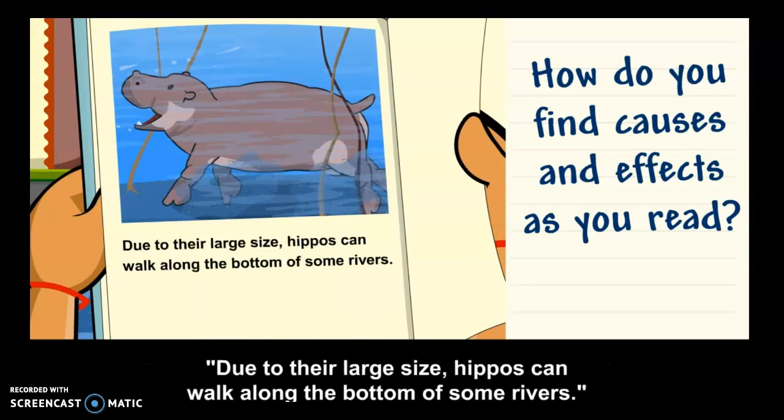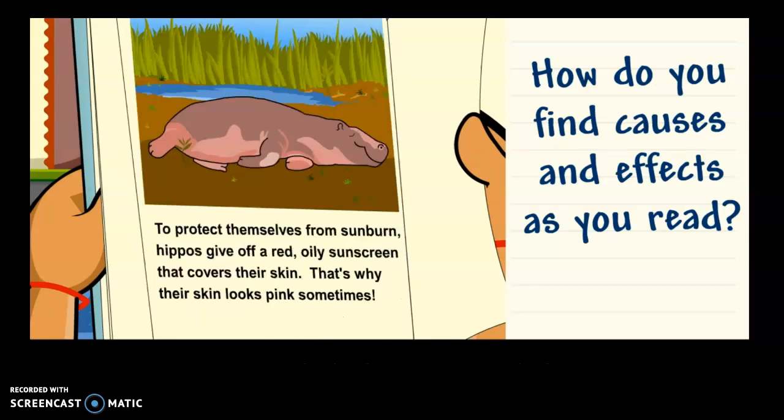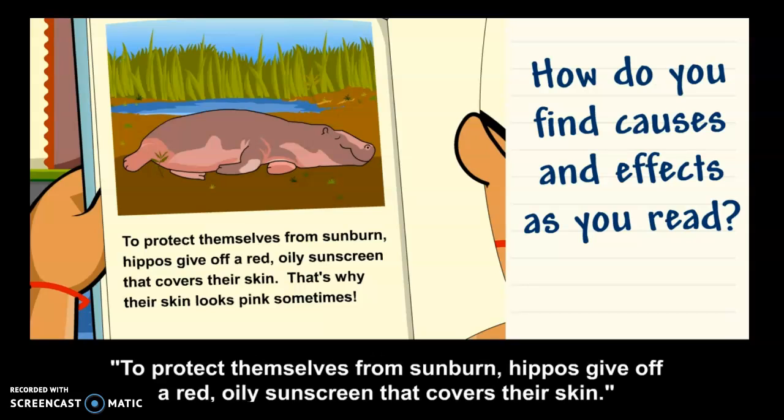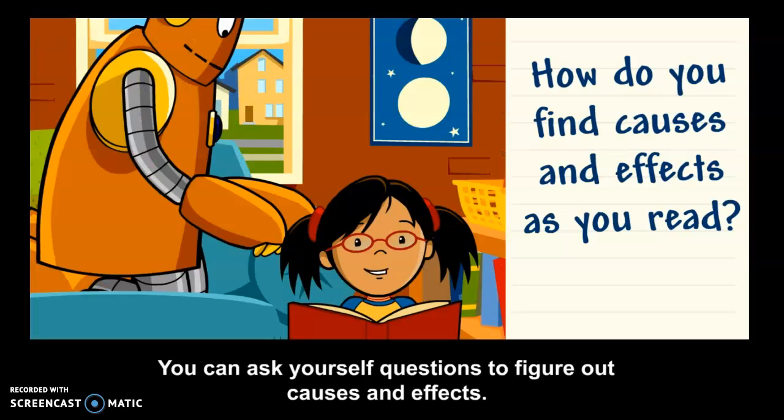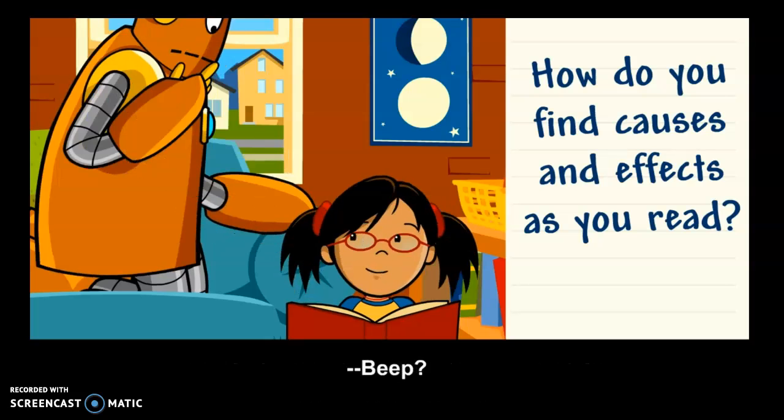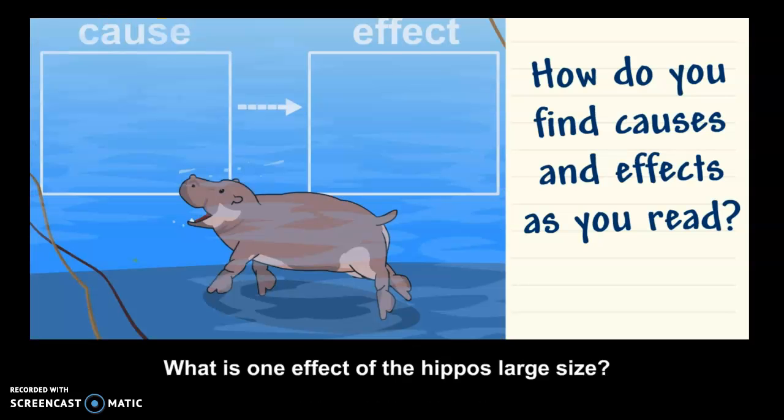Due to their large size, hippos can walk along the bottom of some rivers. To protect themselves from sunburn, hippos give off a red, oily sunscreen that covers their skin. That's why their skin looks pink sometimes. You can ask yourself questions to figure out causes and effects. What is one effect of the hippo's large size?